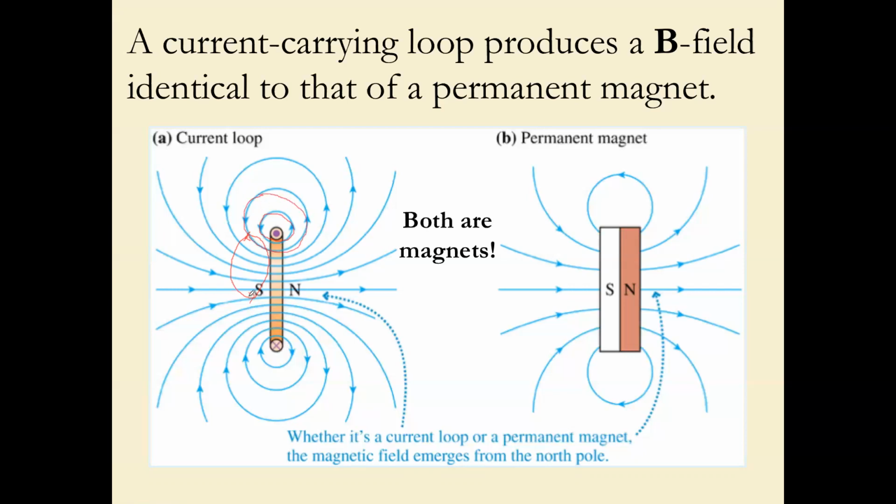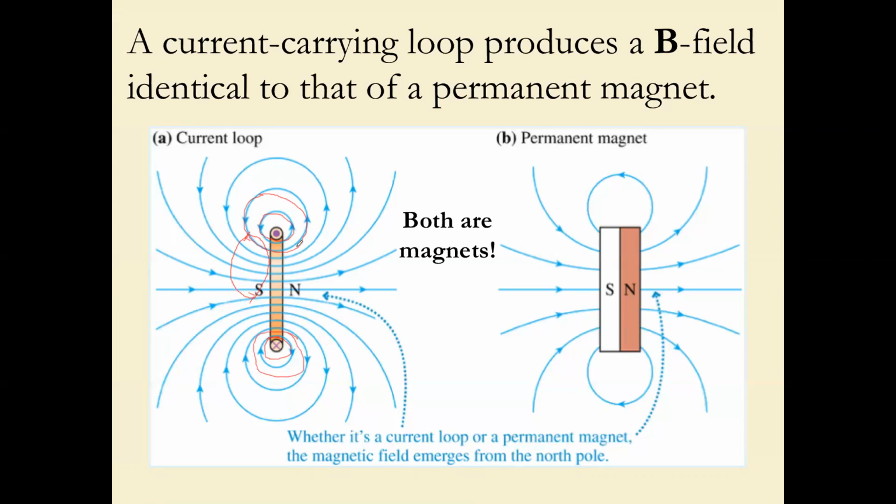So do the same thing at the bottom. This time the current is into the page for this circle. When you put your thumb in the direction of the current and curl your fingers around the circle, you will get the magnetic field.